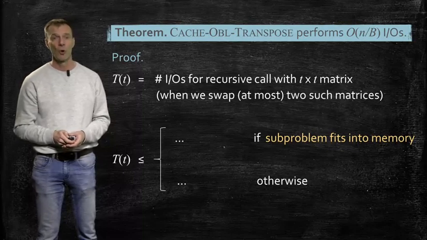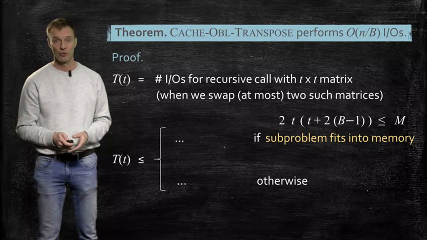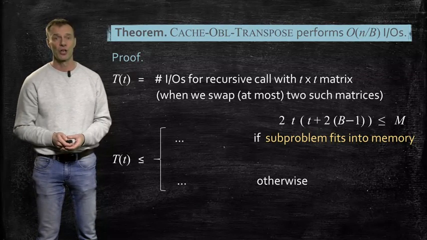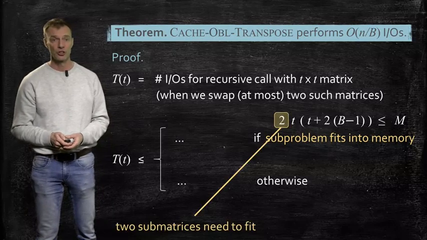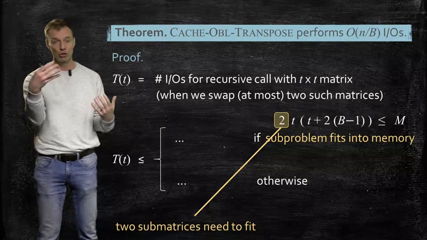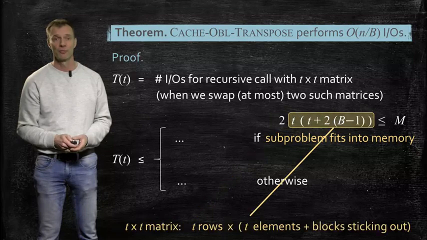Okay, so let's see when this is the case. Well, actually, we already saw that before. We had this formula. So let me briefly explain again where this formula comes from. This 2 is because in a subproblem, we're reading in 2 submatrices. So we need to fit 2 of them in the internal memory.